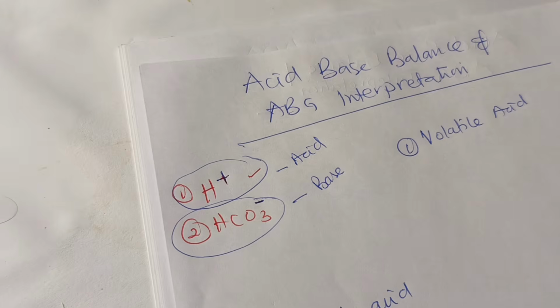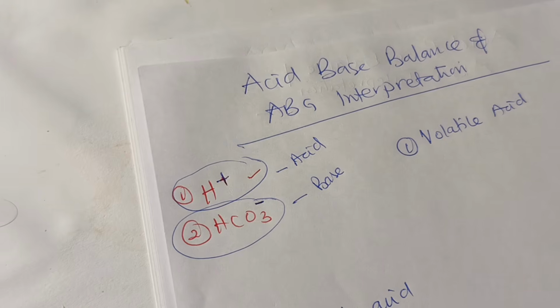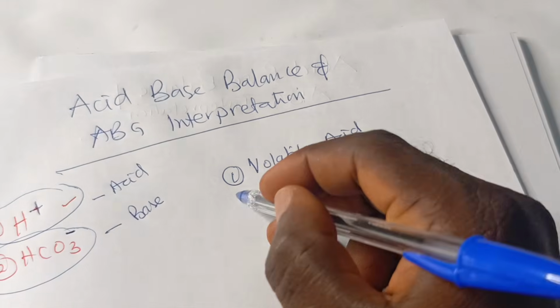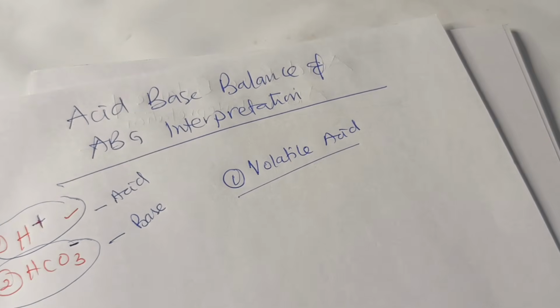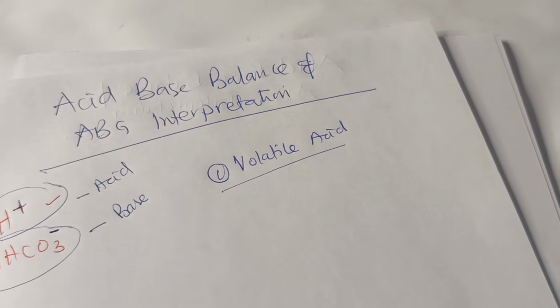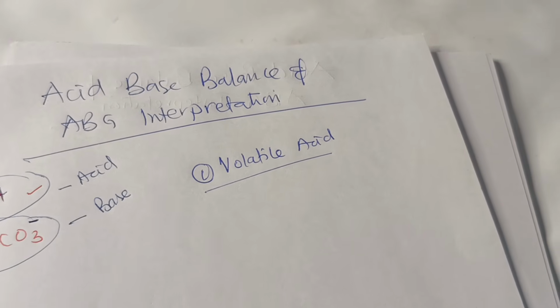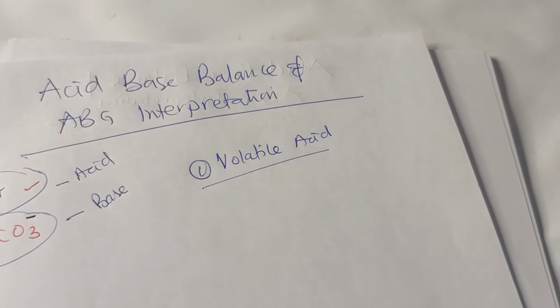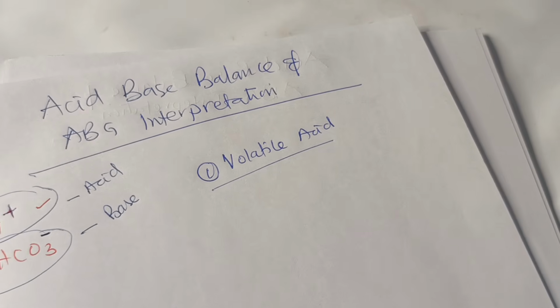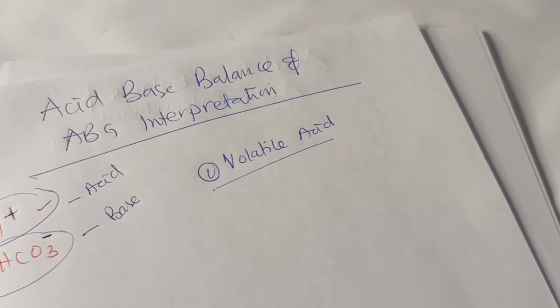Now, there are two major types of acid in the body. We have the volatile acid. The volatile acids are those acids that are eliminated from the body as gas. I'm laying this foundation for you to understand something.